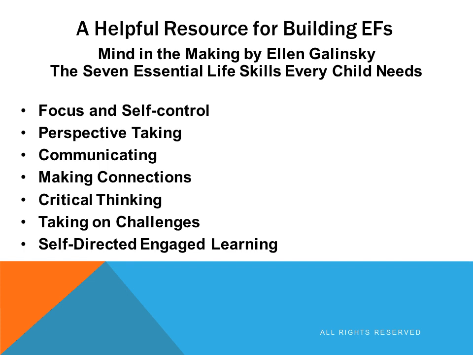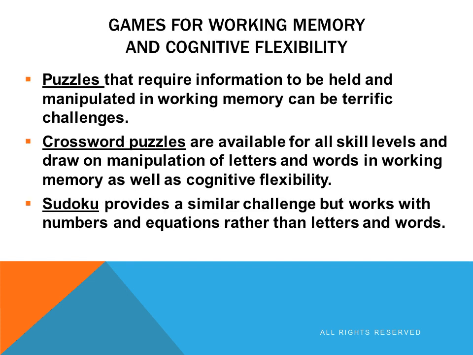One of the resources that you would appreciate very much is a book by Ellen Galinsky. Her book is called Mind in the Making. She talks about 7 essential life skills, and she gives a lot of examples of building cognitive flexibility, self-control, critical thinking and all that, and you will find that to be a very useful resource.